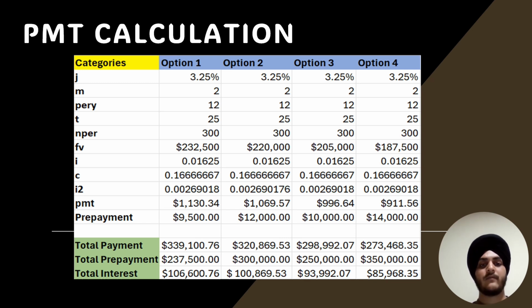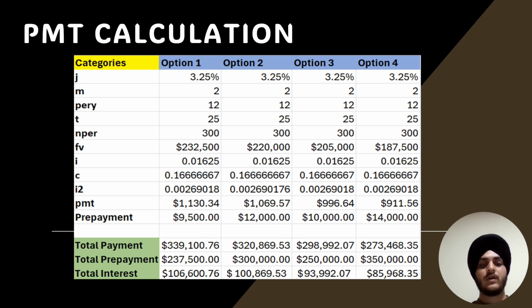FV for the first option is $232,500. For option 2 we have 220,000. For option 3 we have 205,000, and for option 4 we have 187,500. We'll also calculate the I by using the formula J by M, and also we'll calculate the I2 by using the given values.